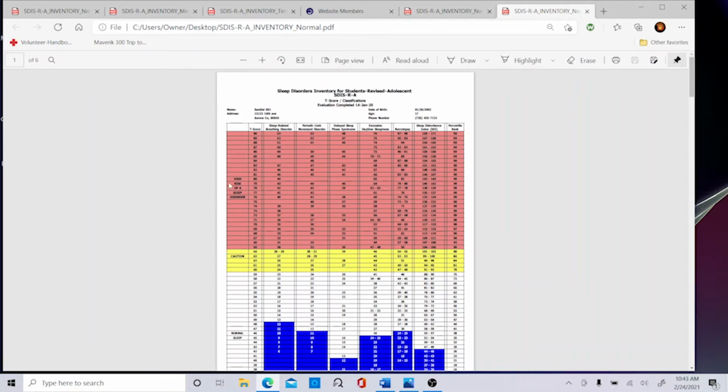Then if you get up here into the high risk of a sleep disorder, that's the red area up here, then it's a fairly good chance or probability that the student has a moderate to severe sleep disorder, unless you've got a parent that totally over exaggerates things. And sometimes that happens. About 10% of our parents are not good observers and raters of their children.